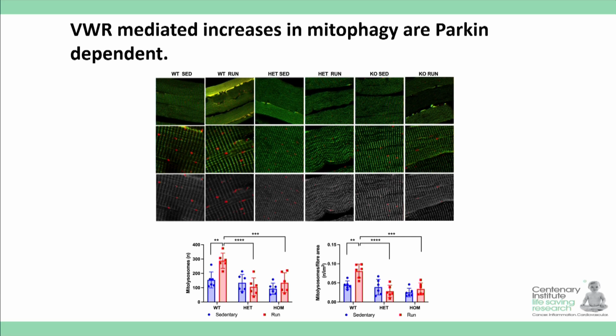And the really interesting thing is we were able to repeat the data I showed you previously, where the wild types will adapt to training, so you get an increase in mitolysosome total, mitolysosome fiber area, but there was no change in both the hets and the homozygotes. So partial loss or full loss of Parkin completely blocks the ability of VWR to increase mitophagy.